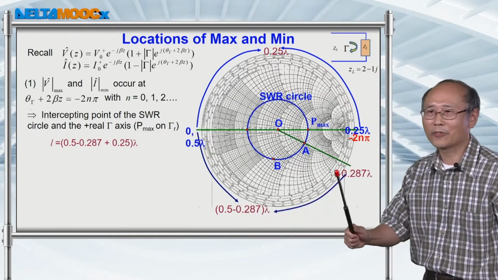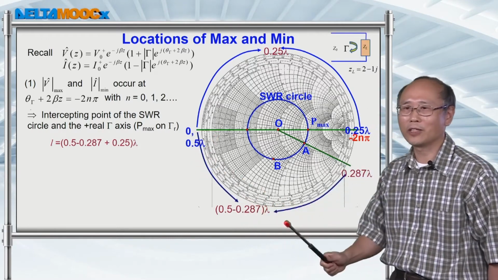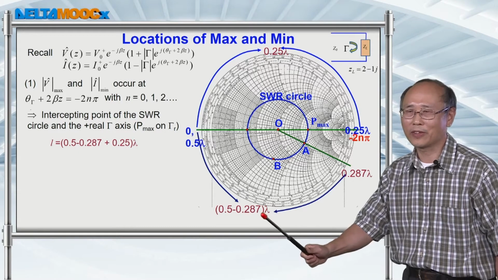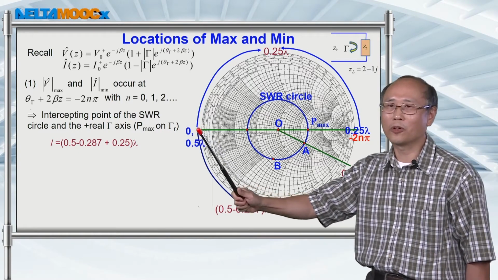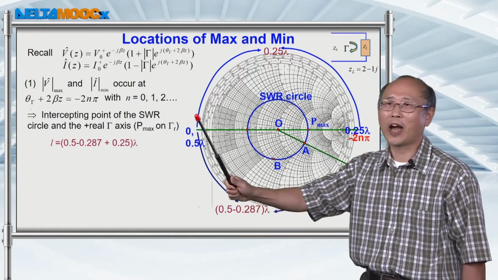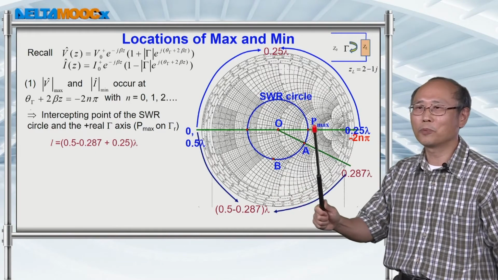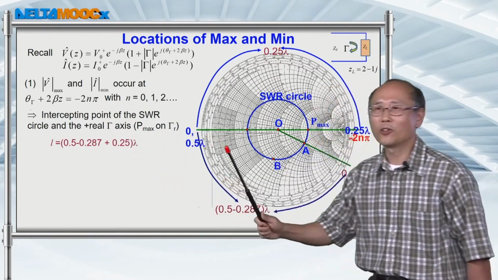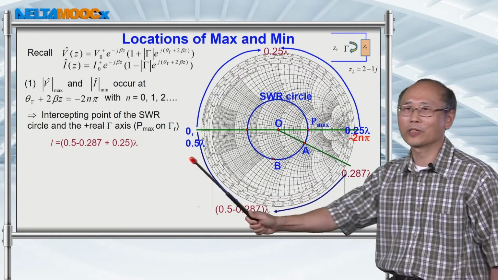So the length of the transmission line from A to this location is equal to 0.5 minus 0.287 wavelengths. But if you want to find the maximum voltage point or minimum current point, you have to continue to move on this SWR circle to this point, because this point corresponds to this phase angle. So you have to add another quarter wavelength to your solution.